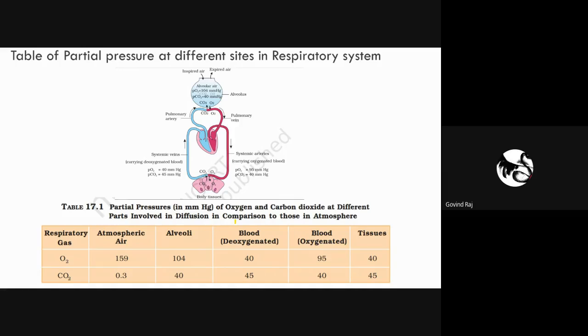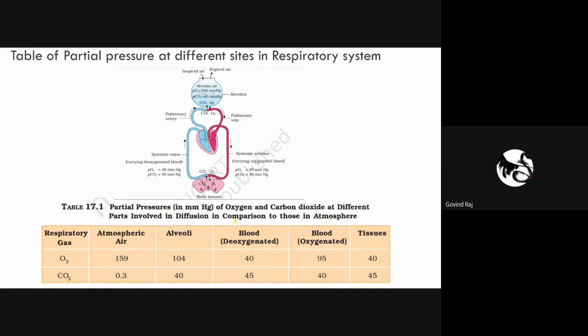So the oxygen diffuses into the blood, and this oxygenated blood reaches the tissues, where the partial pressure of oxygen is lower inside the cells. So the oxygen is transferred into the cells.